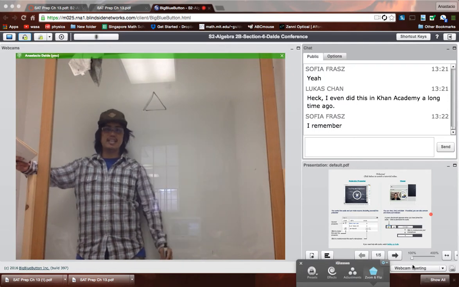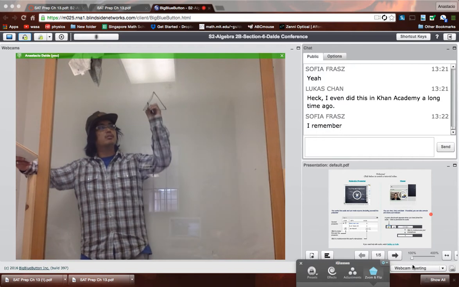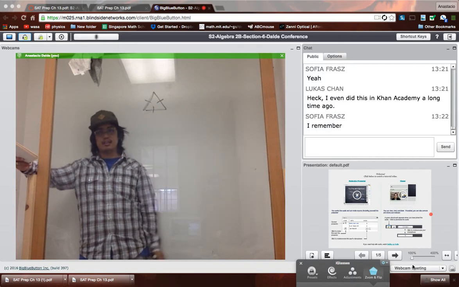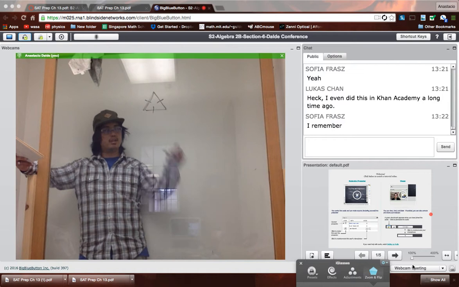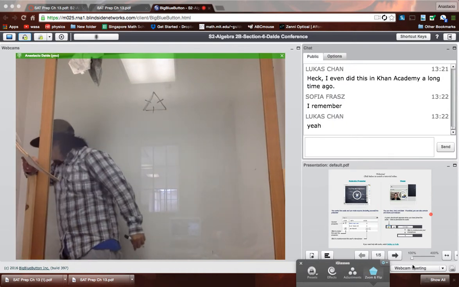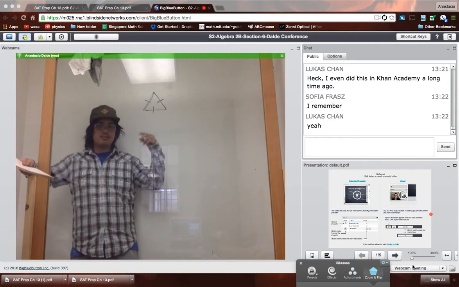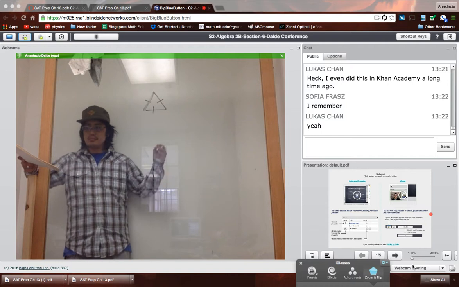This right here is an equilateral triangle. We say that it's equilateral by putting a dash and a dash and a dash over here. Since it's the same dash, that signifies they're all the same length.